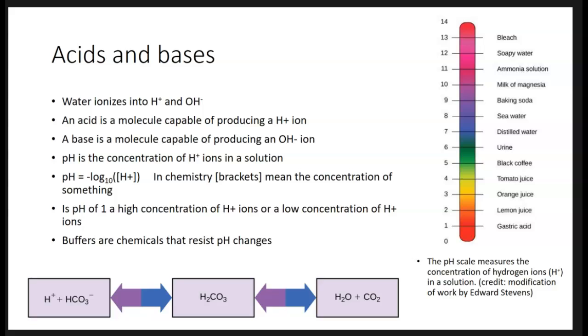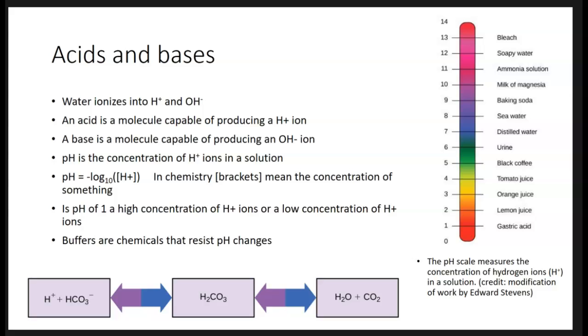And we measure the acidity or basicness of something by using the pH scale. So pH is a measure of the concentration of hydrogen ions in a solution. The technical measure of pH is the negative log 10 of the concentration of hydrogen ions. Because it's a negative log, a low pH, so a pH of 1, means that there's a very high concentration of hydrogen ions.